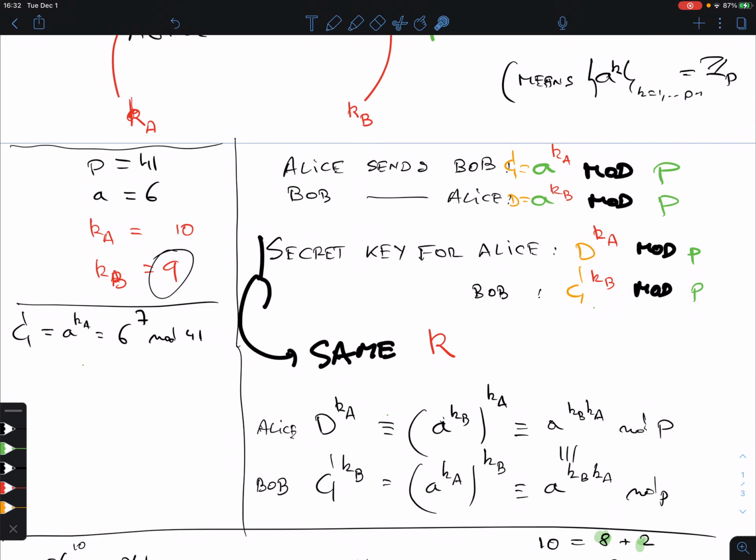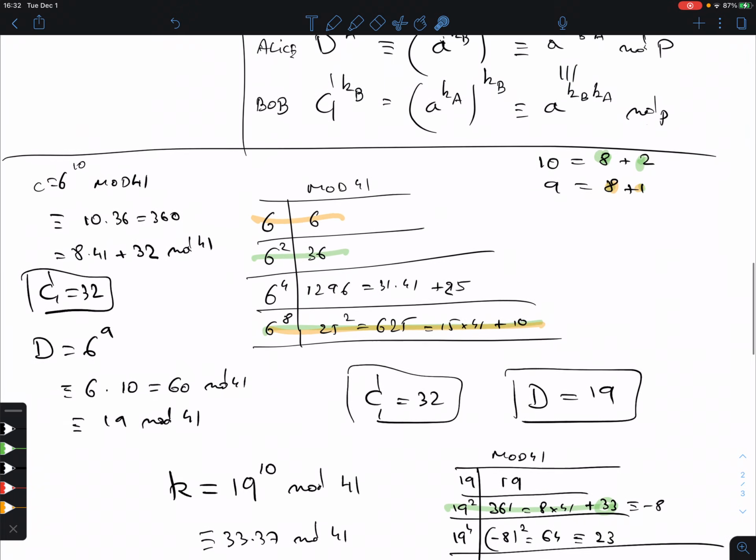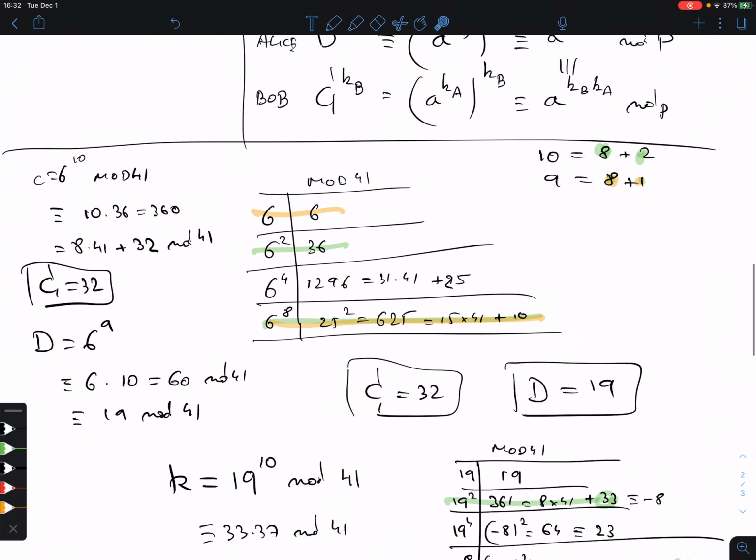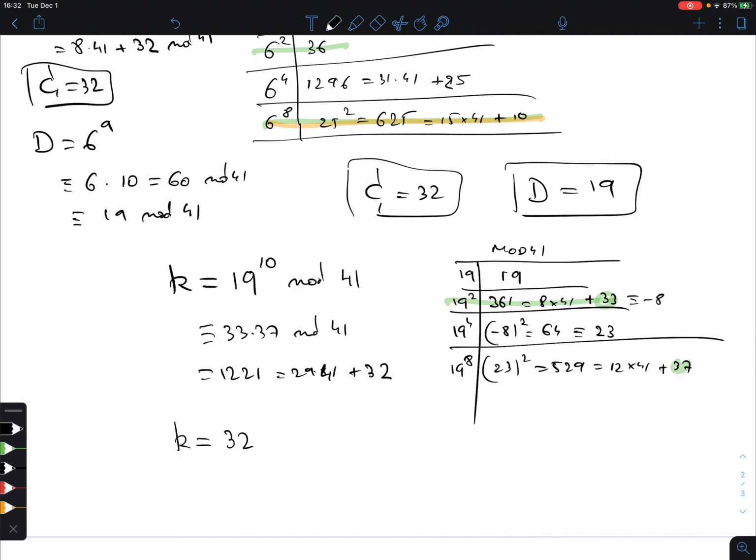Right, C to his secret power, and his secret power was 9. 32 to the power 9. Let me double check here before I go on. Yeah, it is correct. So okay, so we have to do the same thing now for 32.